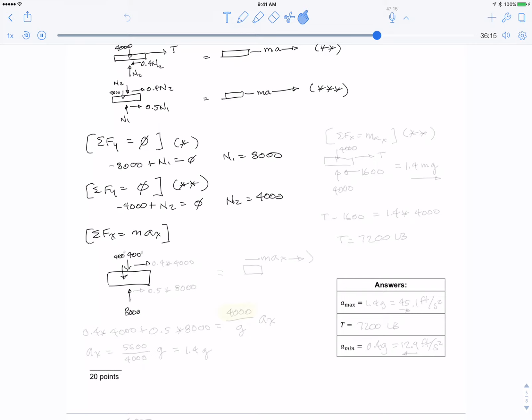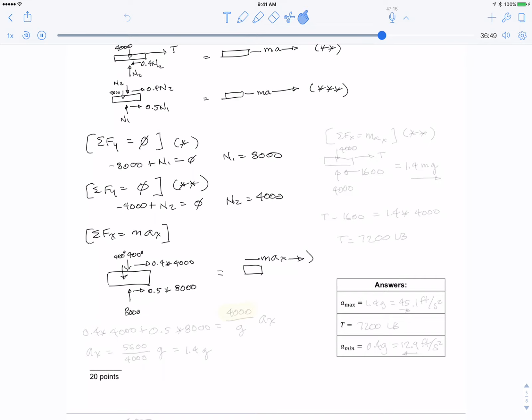And then we had 0.4 times N2, and we had 0.5 times 8,000, and that was going to equal max.